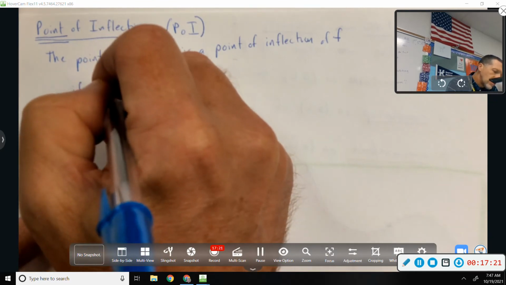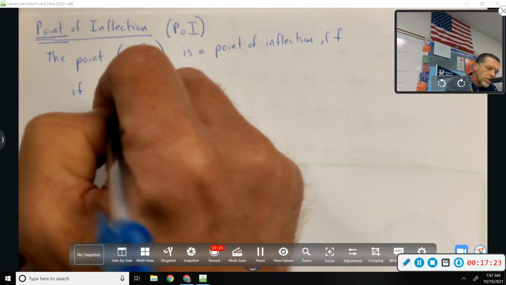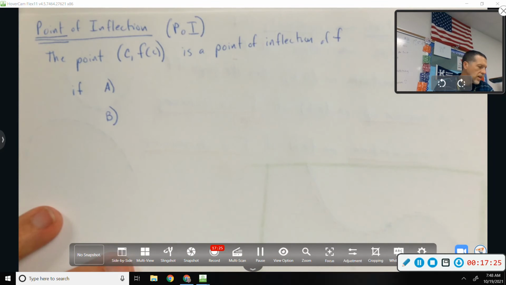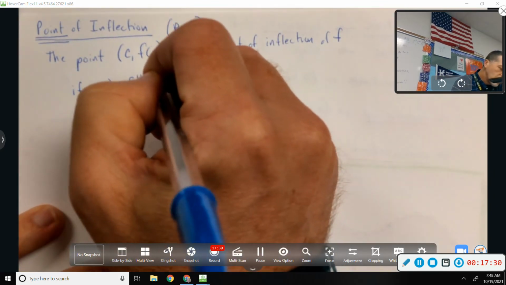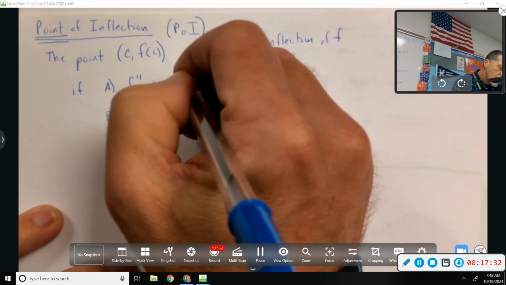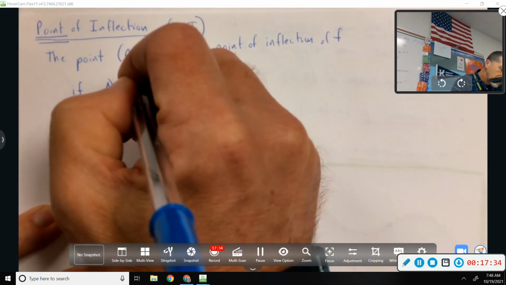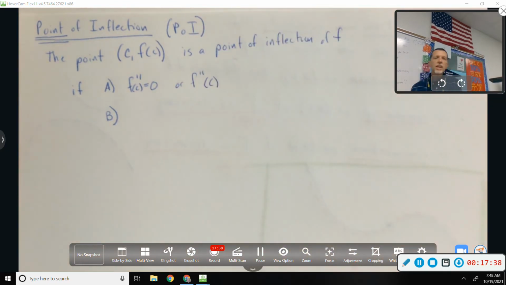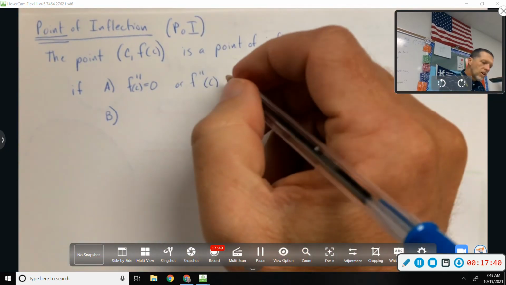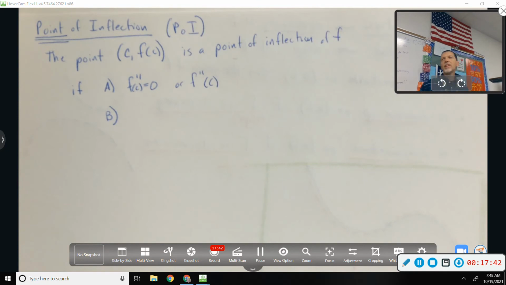if two things: f double prime of c equals 0, or f double prime of c is, what do you think?